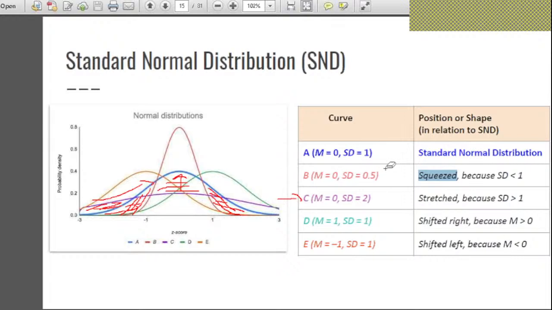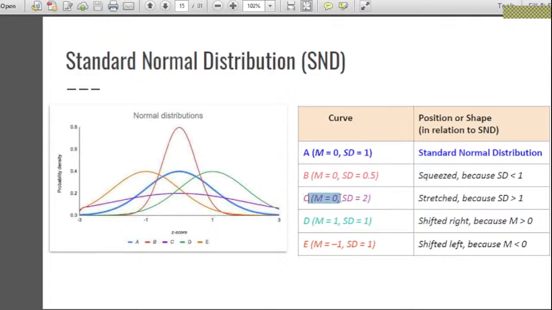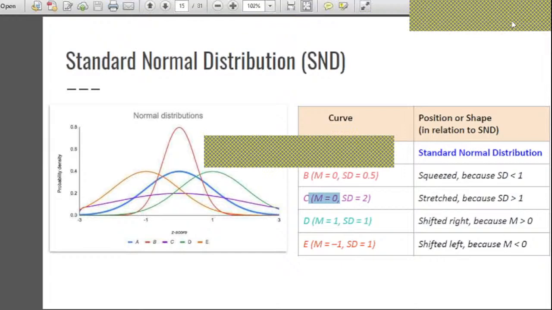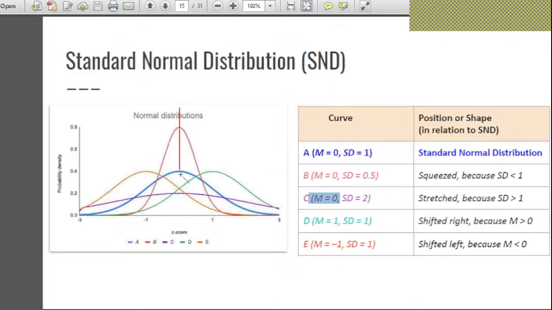Again, notice that in the case of purple, mean is 0 because this is the center point for all the distributions except these three distributions. This is the central point and all of them have a mean of 0, right? But what is the standard deviation of purple? 2.